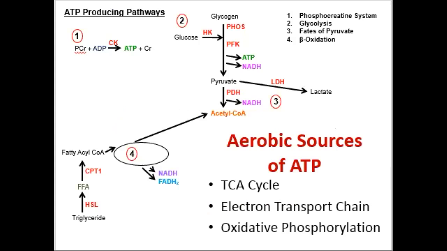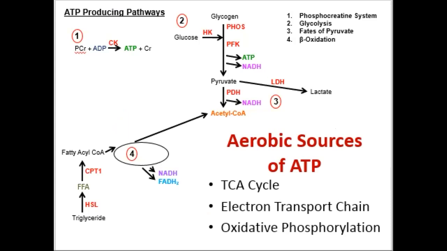So what we're going to look at for the remaining part of this lecture is aerobic sources of ATP production, aerobic again being the presence of oxygen. Specifically, we're going to look at the TCA or Krebs cycle, as well as the electron transport chain and oxidative phosphorylation.